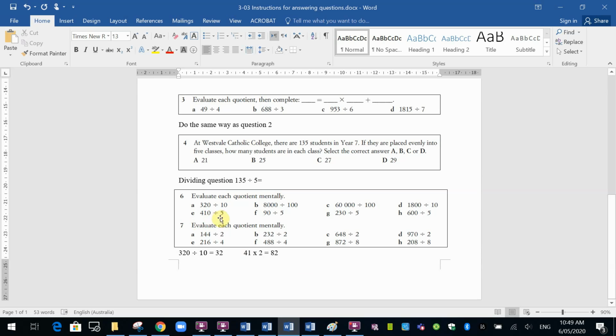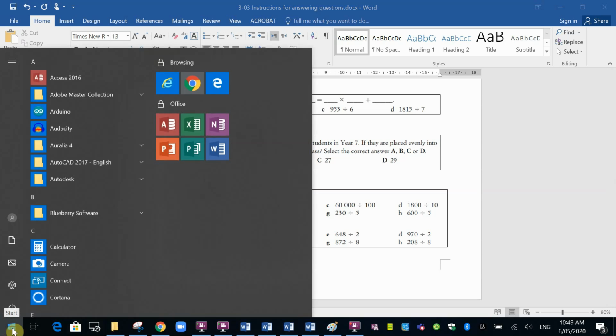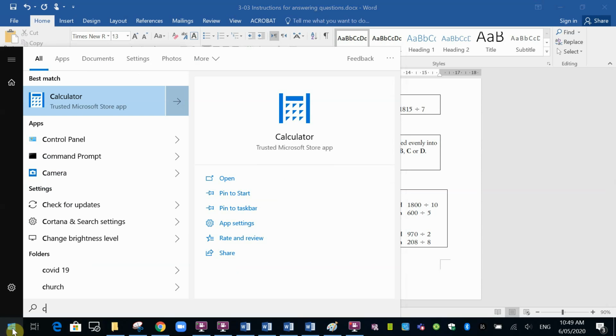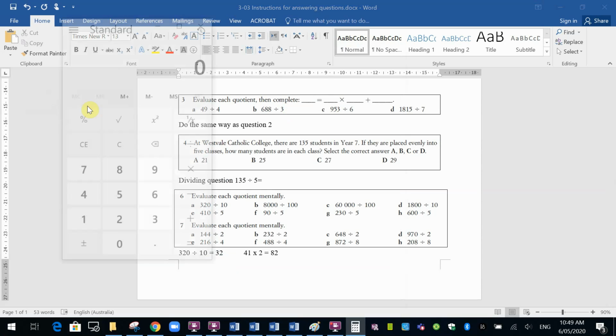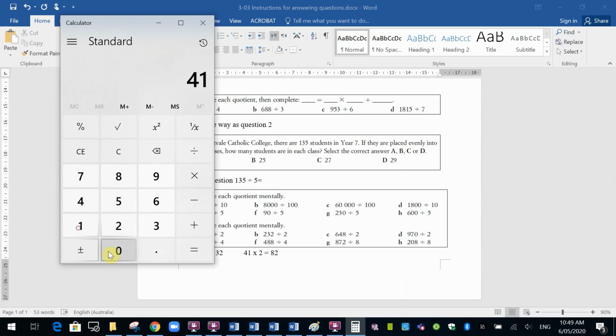And 410 divided by 5 is 82. Let me just check that. 410 divided by 5 should be 82. There we go. Very good.